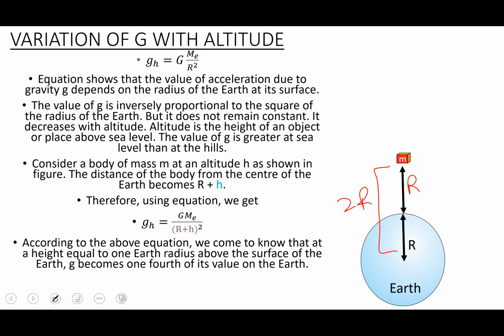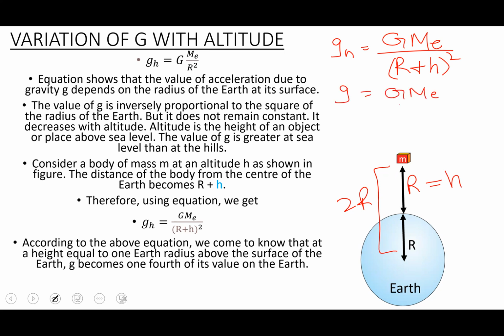Now, let us see how this goes. Let's say this is the formula: g_h is equal to GM_e over (R plus h) whole square. Now here we have said that the height above the surface of the Earth is equal to the radius. So putting the values of this in the formula, what do we get?